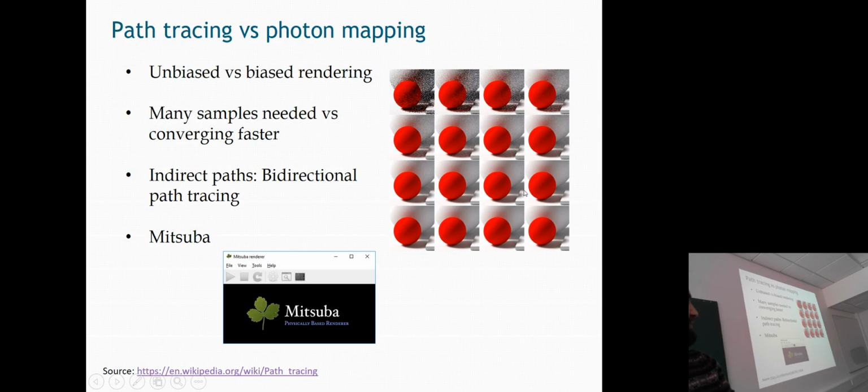As you see, when we increase the number of samples, the noise goes away gradually. Path tracing isn't perfect with complicated light paths and indirect illumination, so there are improved versions of it, for example bidirectional path tracing.